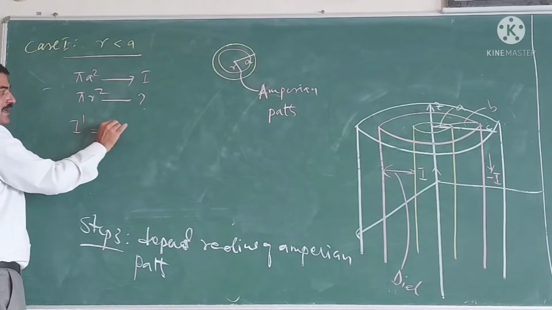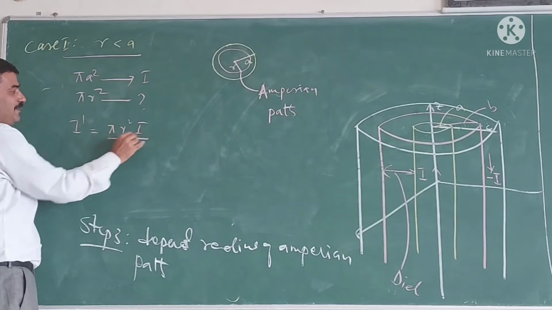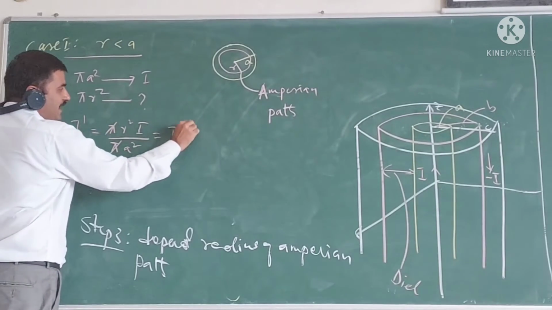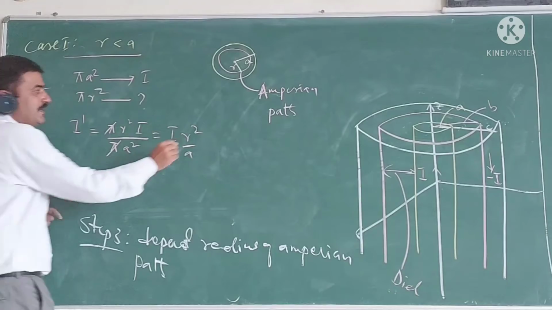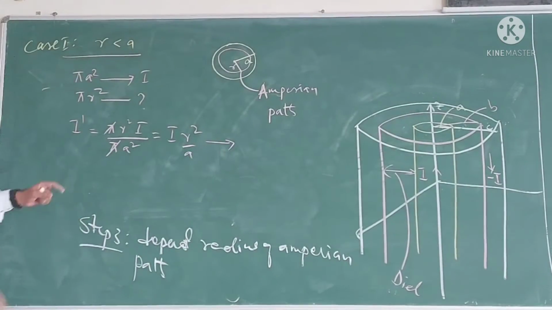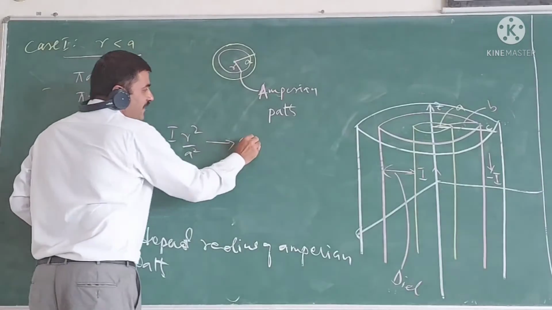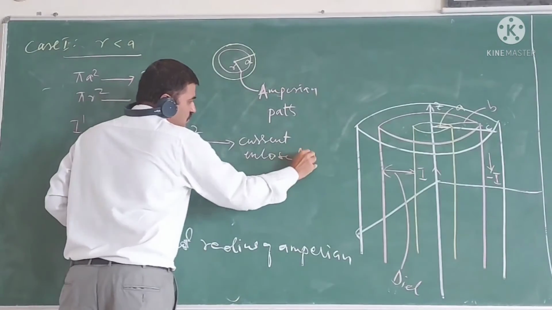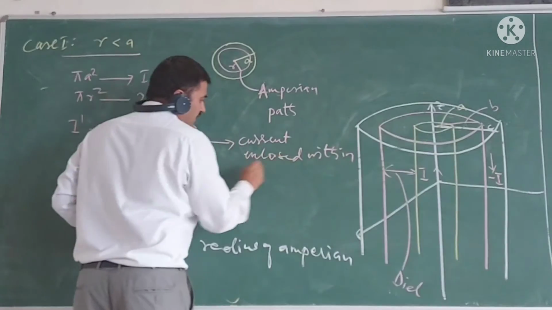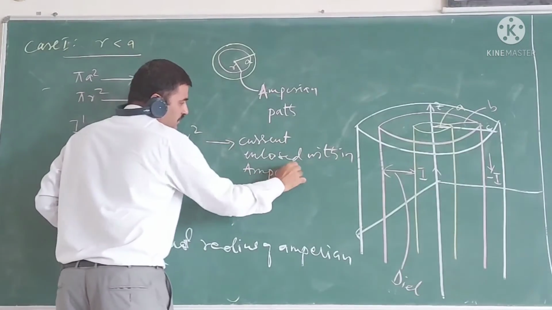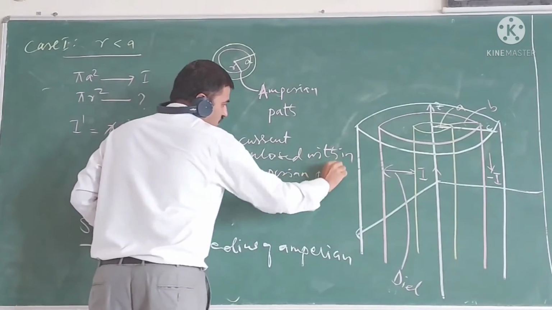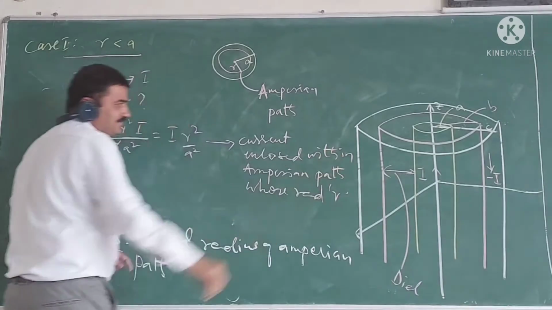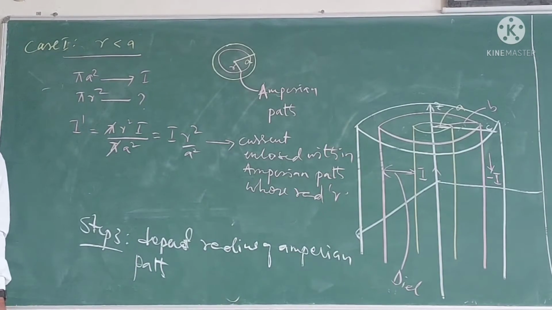This is pi R square I divided by pi A square, then I R square over A square. This is the current enclosed within the Amperian path whose radius is R. Yes or no?